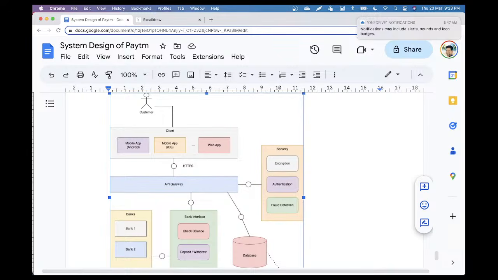So now, as I recommended, a load balancer is important. The API gateway can do load balancing, but we can also have hardware load balancers which can do fast load balancing.